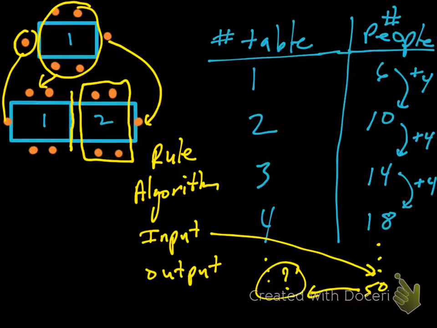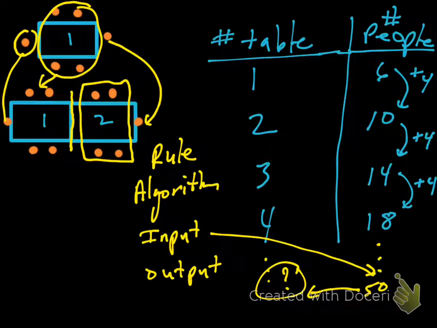Okay? So let's think about this now. Let's go back to our table here, which is pretty handy. So one table, and if we're constantly adding 4, another way you can think about it is you're multiplying by 2, by 3, in this case, and then really it looks like you're adding 2.